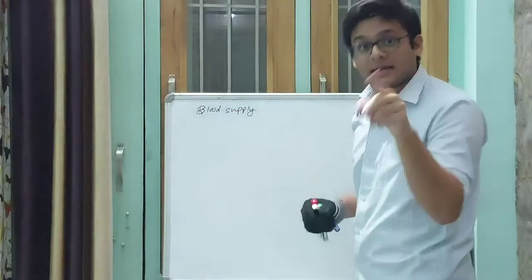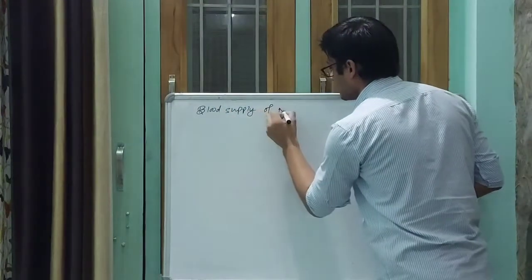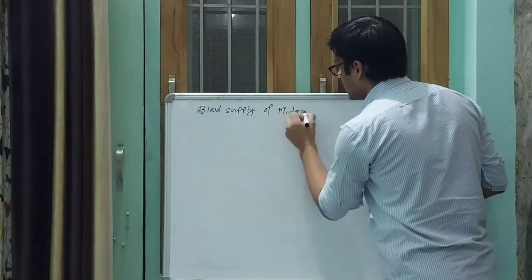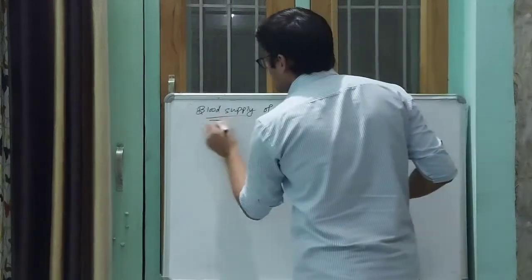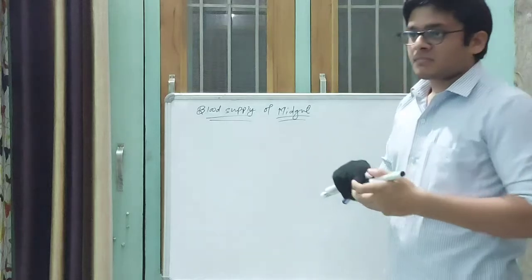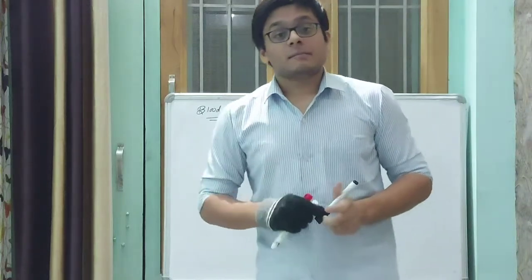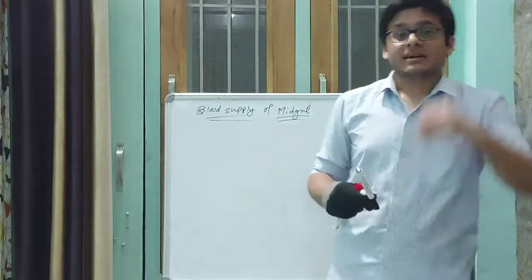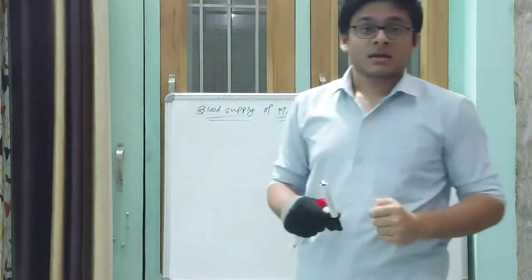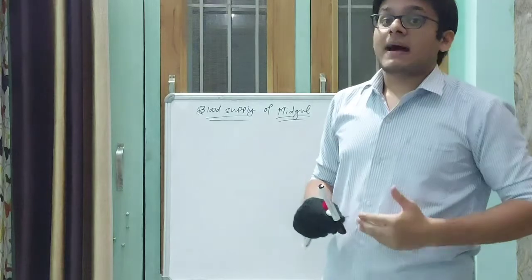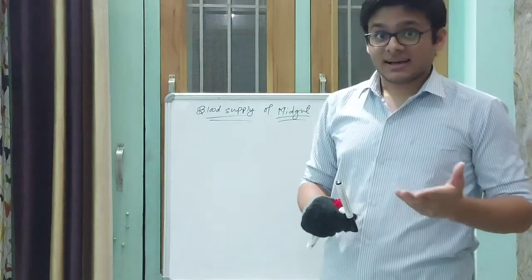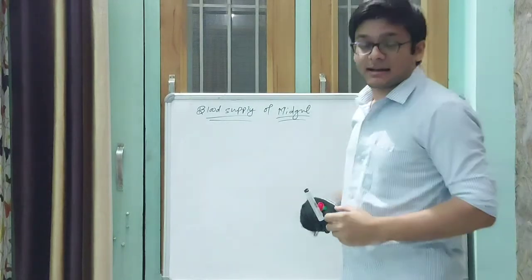of the midgut. The celiac trunk supplies the foregut, and the midgut starts in the second, descending part of the duodenum after the opening of the bile duct, that is, the major duodenal papilla.